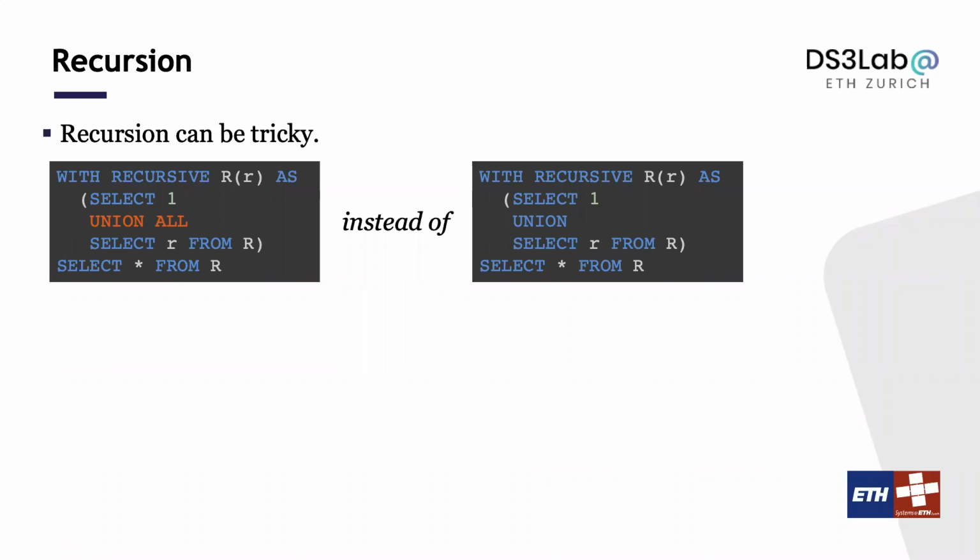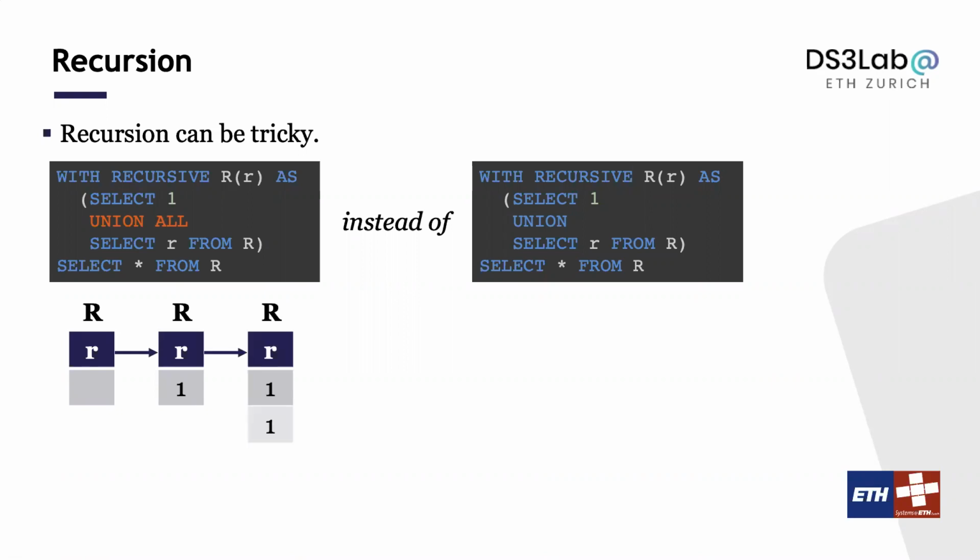So what if I'm using union all here instead of union? In this case, again, you start from the empty relation. After the first step, I'm going to get 1 relation with 1 element, 1. And then in the second step, I take as input 1 and output another 1.